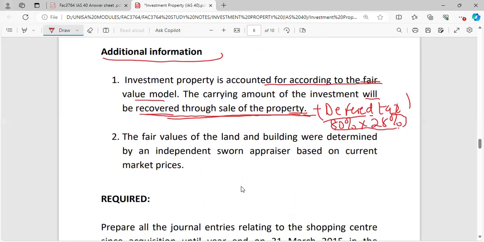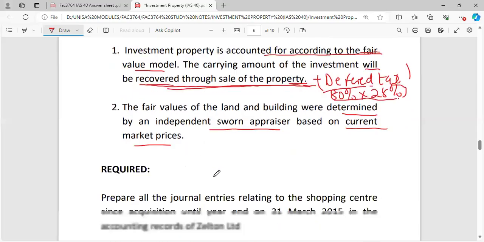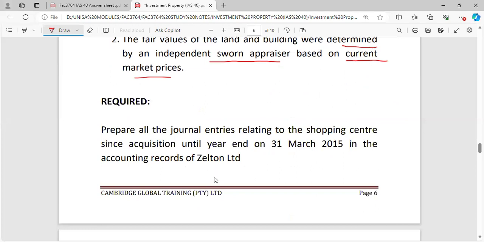Right, so they say the fair value of the land and building were determined by an independent zone appraiser based on current market prices. We are required to prepare all the journal entries relating to the shopping center since acquisition until year end on 31 March 2015 in the accounting records of Zelton Limited.